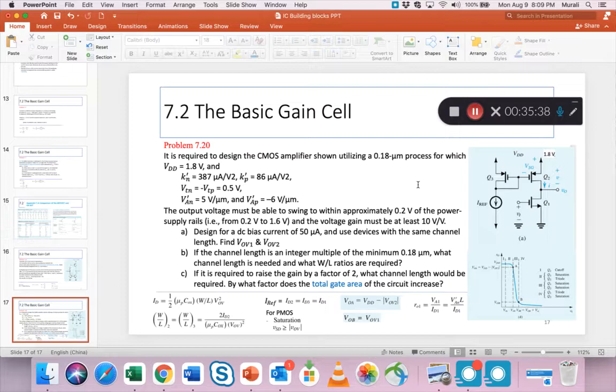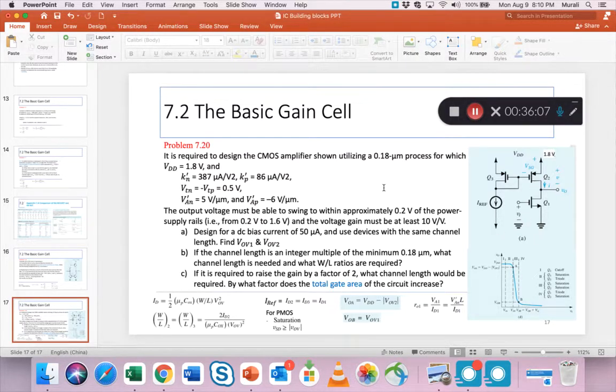Maybe we'll study it again later, but for now, much of this kind of analysis and the voltage swing, etc., how much signal can be provided on the input so that the transistors don't go into cutoff region or triode region, that kind of analysis we have only studied for MOS.